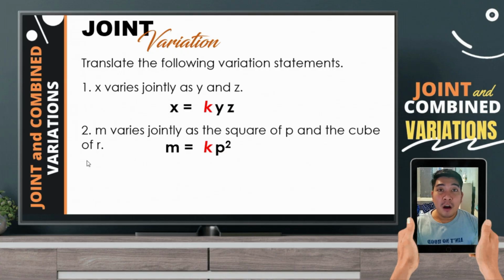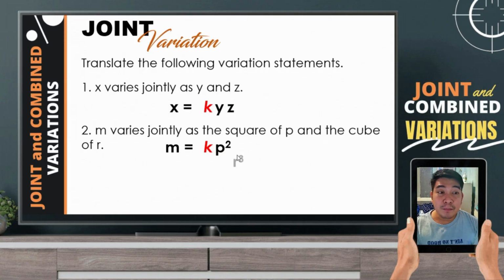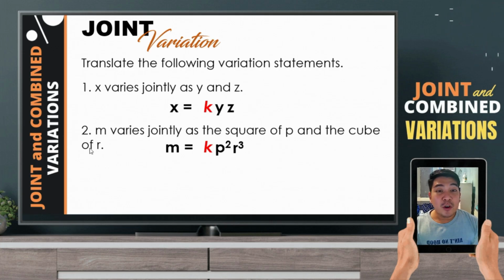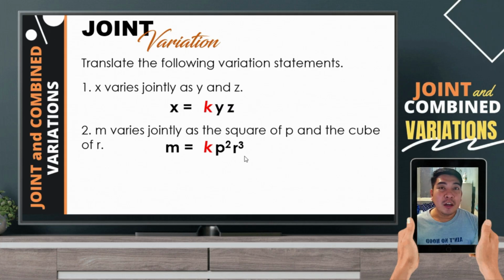And then the cube of R, so P squared multiplied by the cube of R, or simply R cubed. So the correct translation into an equation will be M is equal to K times P squared times R cubed.